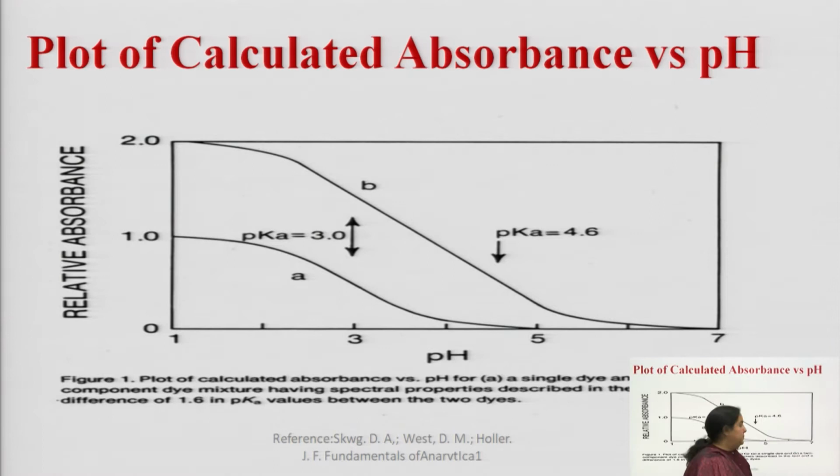What we have here is that a particular dye will have a specific relative absorbance, right. A particular dye at a specific pH will have a particular absorbance. This is the characteristic of the particular dye.